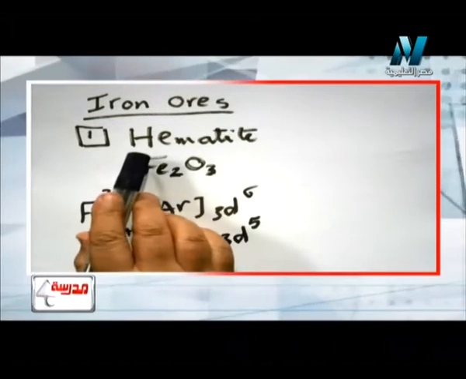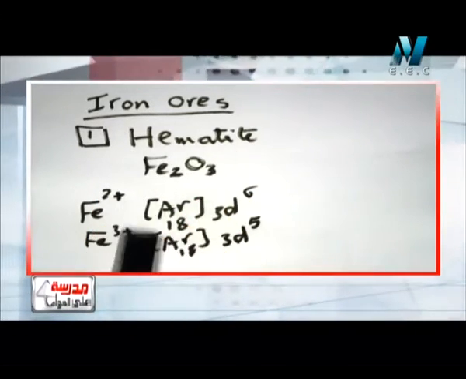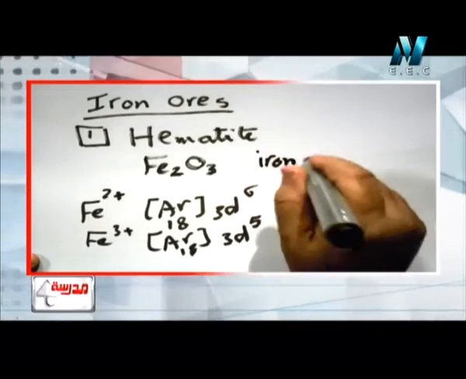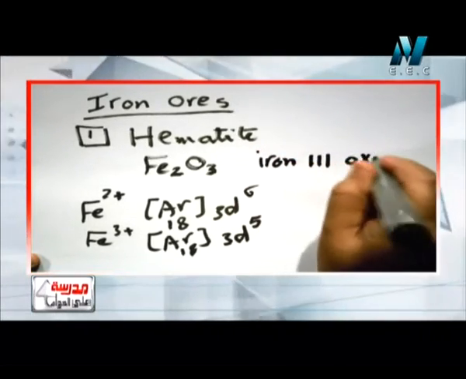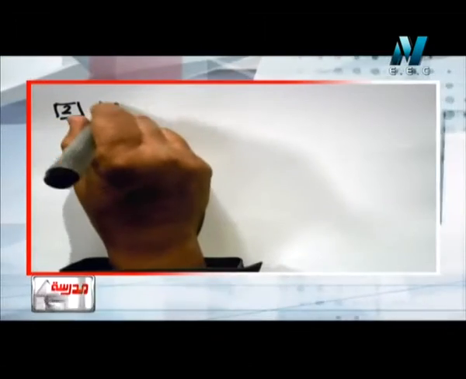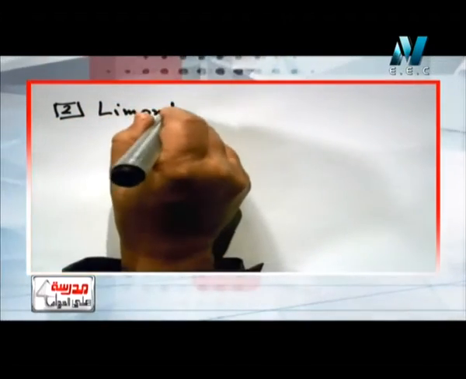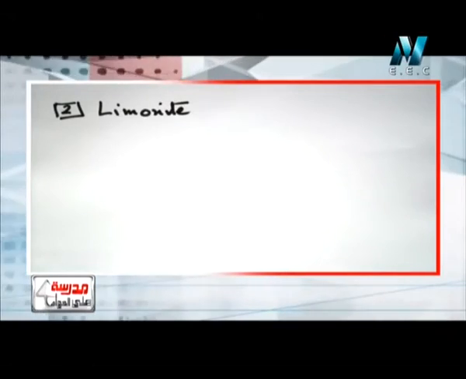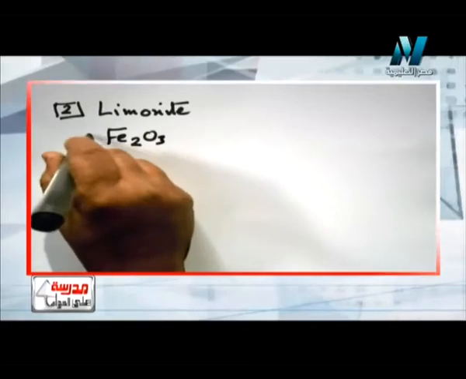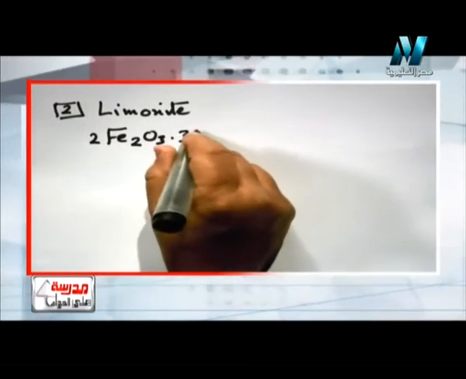The ore number 1, hematite, Fe2O3, or it is called iron 3 oxide. The number 2, limonite, it is a hydrated iron oxide, 2Fe2O3 with 3 molecules of water.